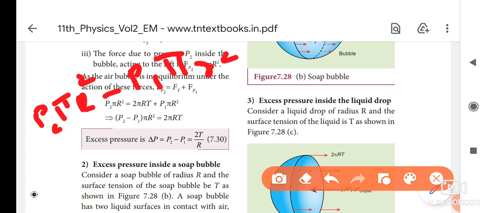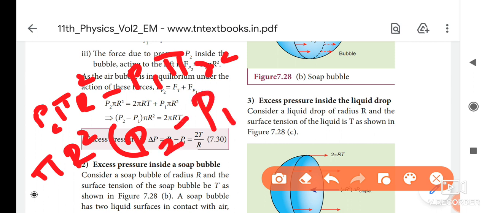From this, what are the common terms? Here pi r squared is there, and here also pi r squared is there. So I take pi r squared common. Then what is the remaining thing? P2 minus P1.